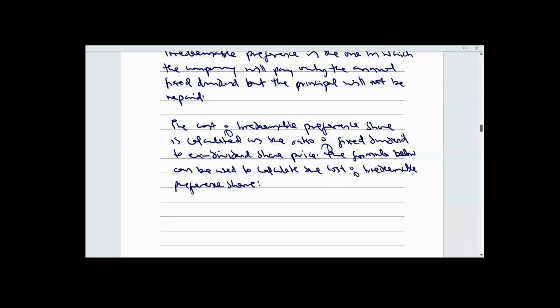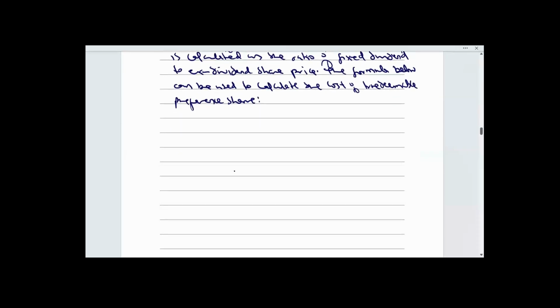So whenever you want to calculate cost of irredeemable preference share, it is computed as the ratio of fixed dividend to ex-div share price multiplied by 100%. So this is the formula for calculating cost of irredeemable preference share.